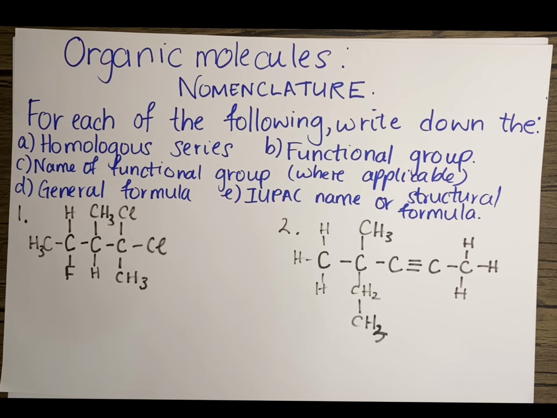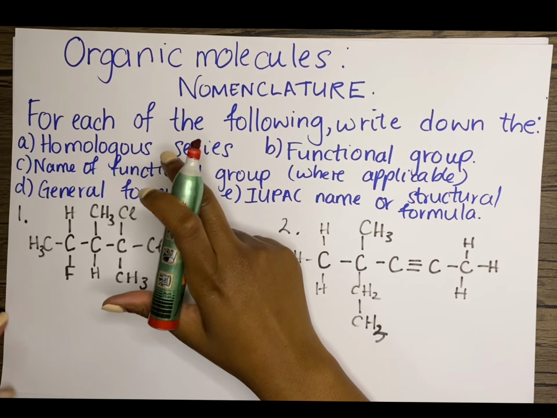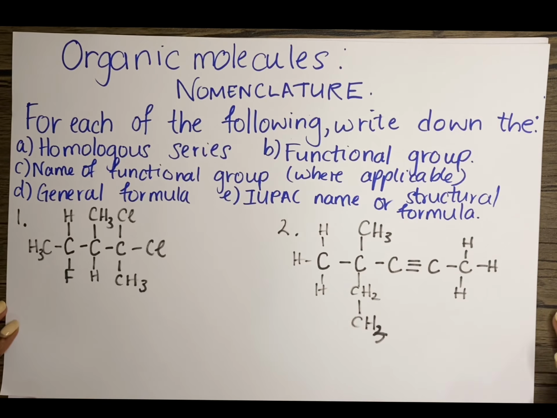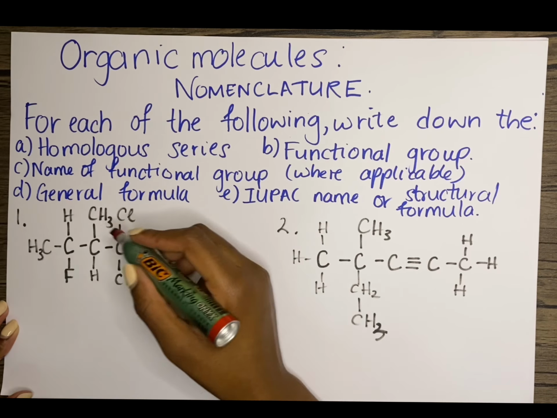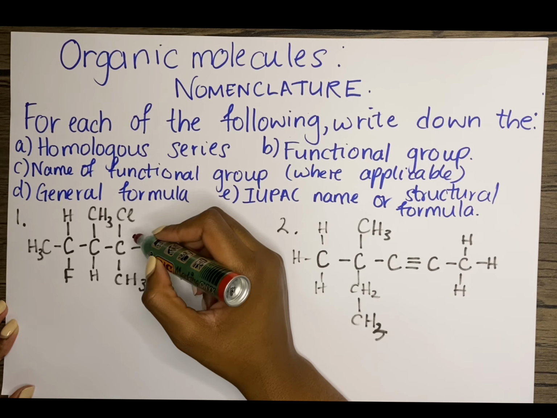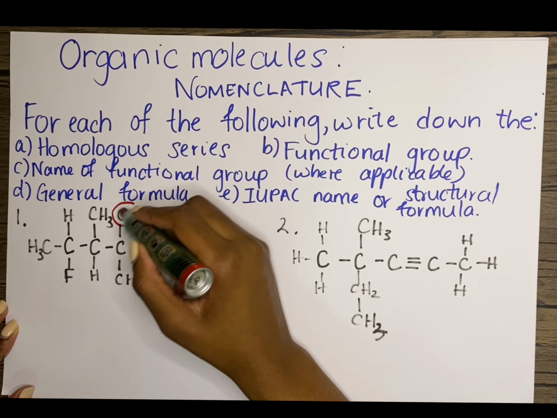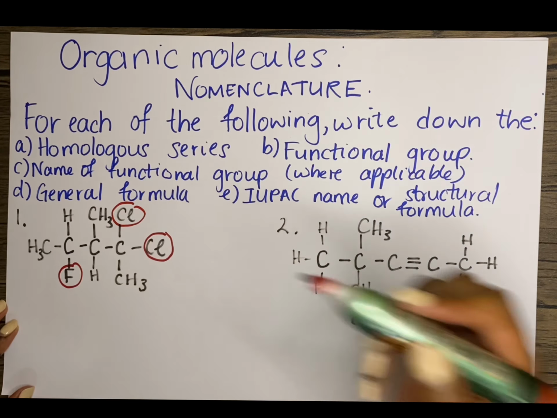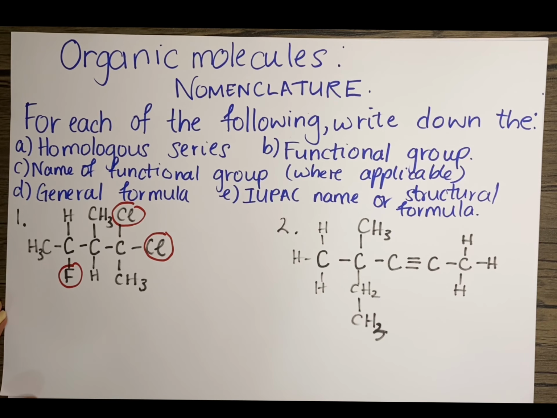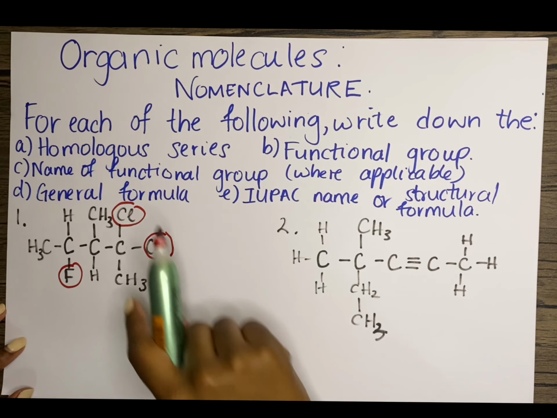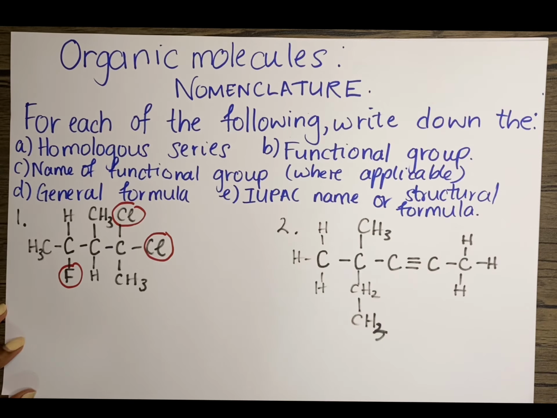Right, the first one says you have an organic molecule, you'll be given like this. So I'm first going to identify the homologous series and write it down, functional group. So if you check here, I've got some chlorines, I've got some fluorines, a fluorine, and single bonds only between adjacent carbon atoms.